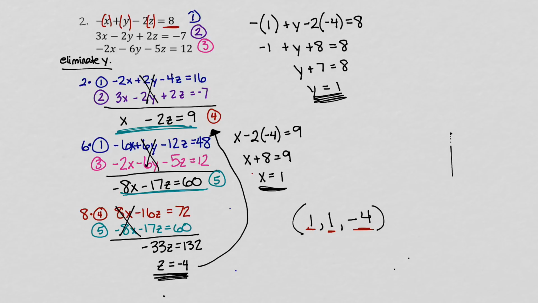If you do it for equation 2, I'd take 3 times 1, which is what we said x is, minus 2 times 1, which was what we said y was, plus 2 times negative 4, and push enter, and you should get negative 7. Same goes true if you plug in 1 for x, 1 for y, and negative 4 for z, push enter, and you should get 12.